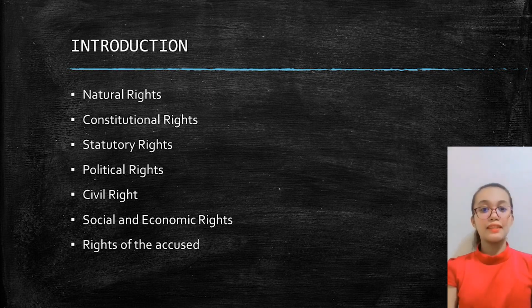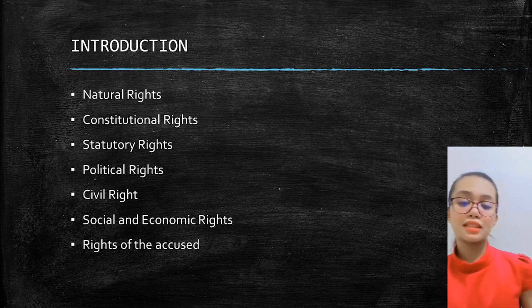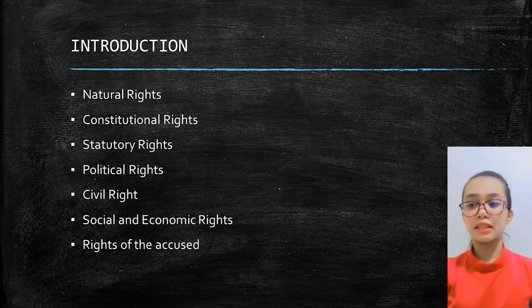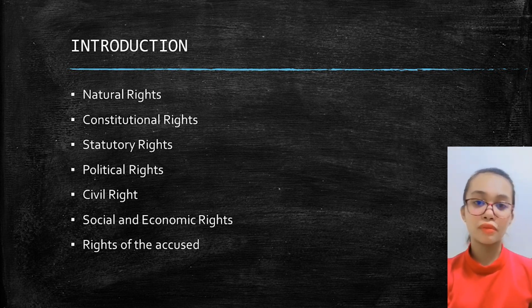On the other hand, constitutional rights are those that are conferred and protected by the Constitution, while statutory rights are those that are provided by law, promulgated by the lawmaking body, and consequently may be abolished by the same body. We also have political rights, which basically refer to the power to participate directly or indirectly in the establishment or administration of the government.